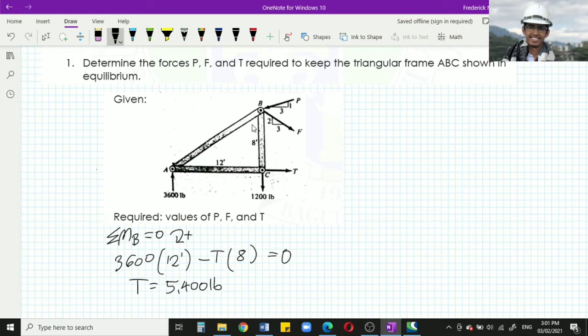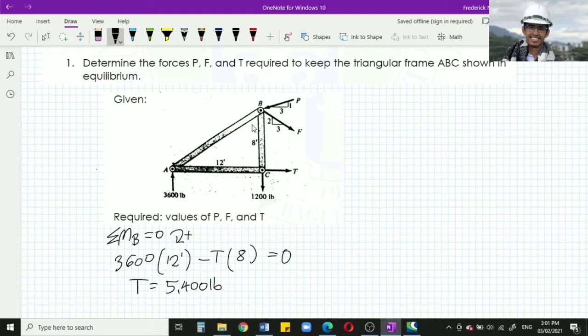Solve naman natin ngayon yung force P and force F. Okay? So, saan tayo pwedeng mag-moment para ma-solve natin yung P or yung force F? So, kapag nag-moment tayo sa C, mag-moment yung F and P. Okay? So, magkakaroon tayo ng dalawang unknown.